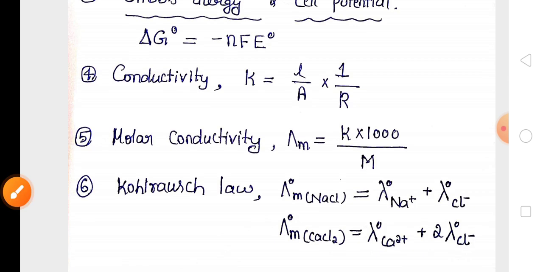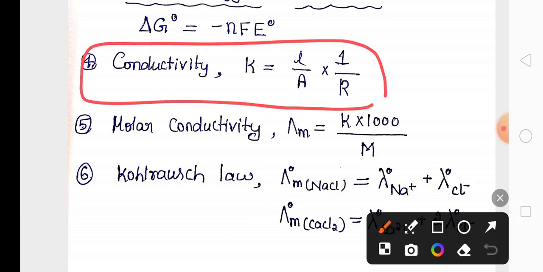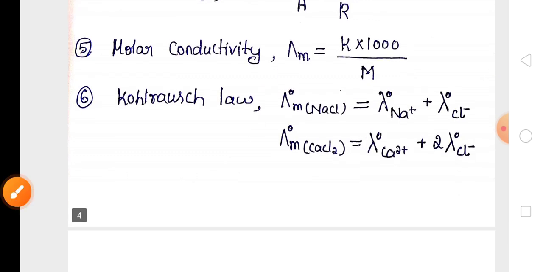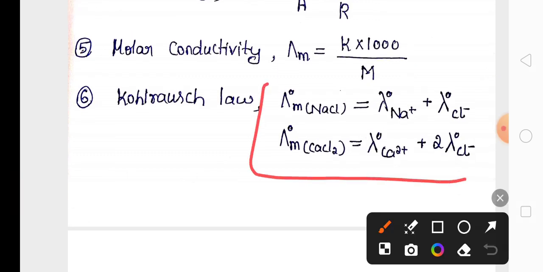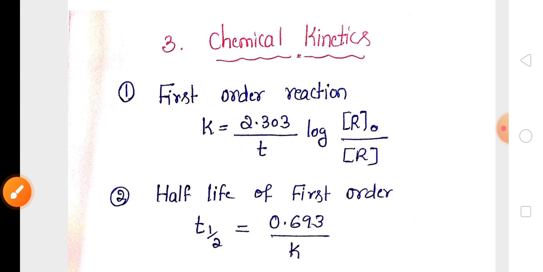Some of the other important formulas of this chapter are the conductivity formula, molar conductivity formula and the formulas related to Kohlrausch's law. To find the limiting molar conductivity of NaCl or calcium chloride, you need to use these formulas. The third chapter from physical chemistry is chemical kinetics.